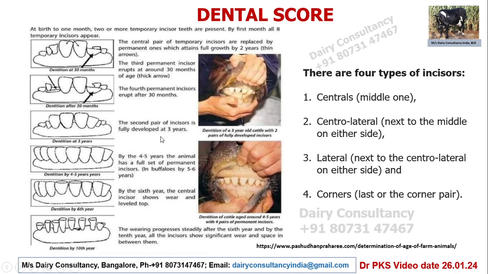Then after 3 years, you will see two central and two centrolateral incisor pairs. They will be visible, and the temporary teeth have already fallen or are seen in rudimentary structure.